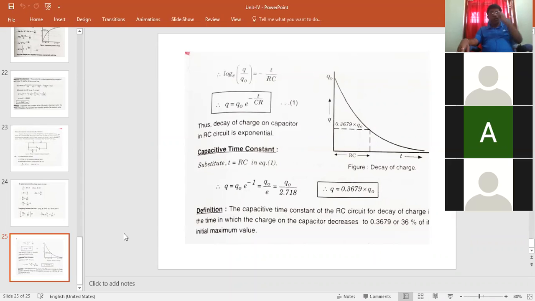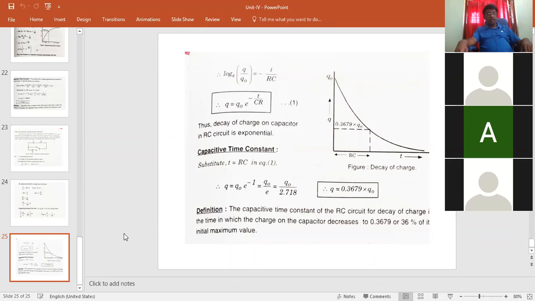As t increases, the value of q decreases, and when t is equal to infinity, e raised to power minus infinity is equal to 0, so the value of q will be equal to 0. In this way, when the switch is off continuously, the charge in the capacitor becomes 0 after some time.